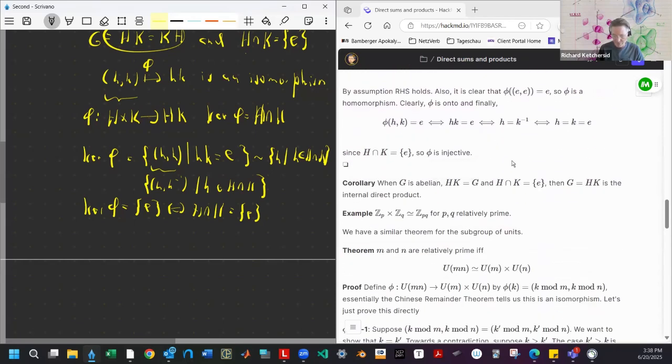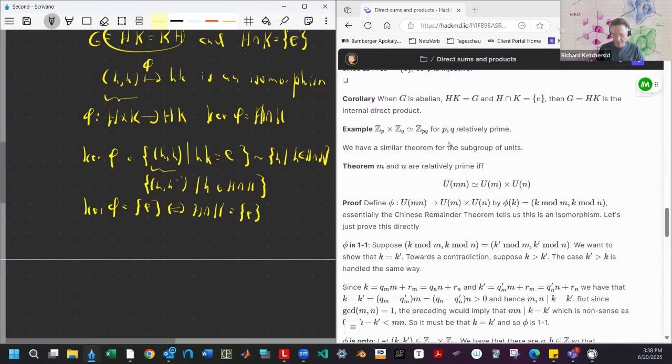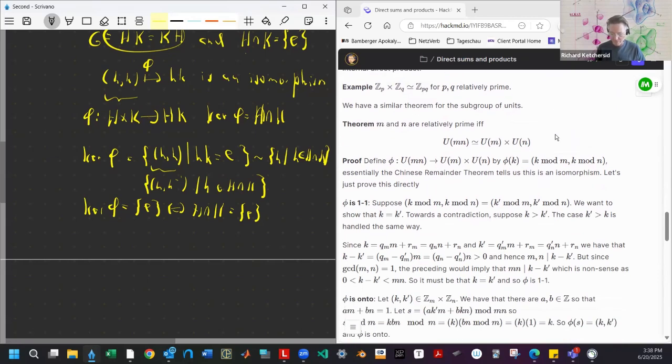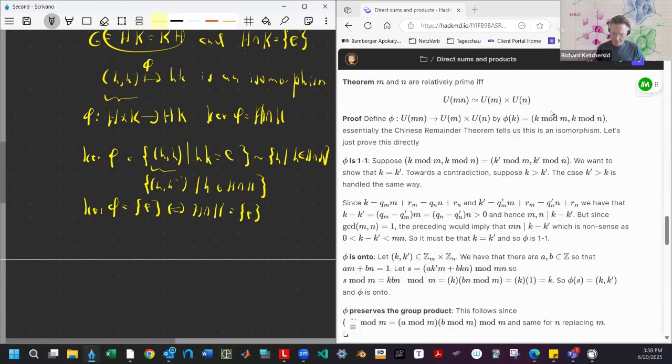And I guess here's a more full-blown proof. I've already talked about the fact that Z_pq is isomorphic to Z_p cross Z_q when p and q are relatively prime. Oh yeah, I have one more. If m and n are relatively prime, U_mn is isomorphic to U_m cross U_n, and so we can define this.